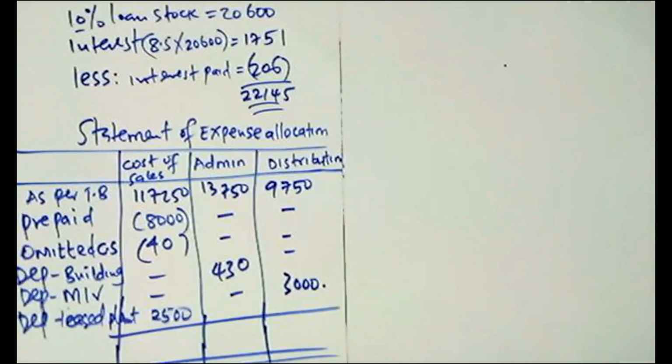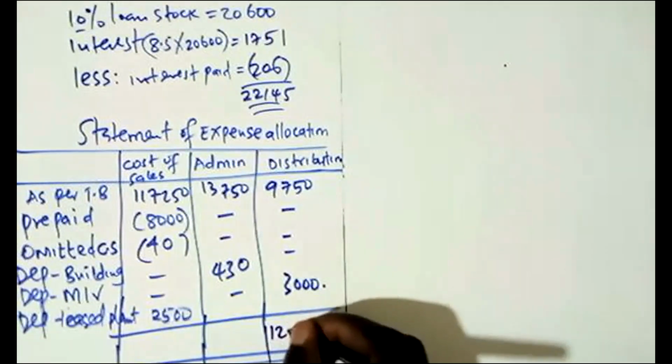Martin, cost of sales; Agnes, admin; Joy, you do for the distribution. Distribution, it's 12,750.